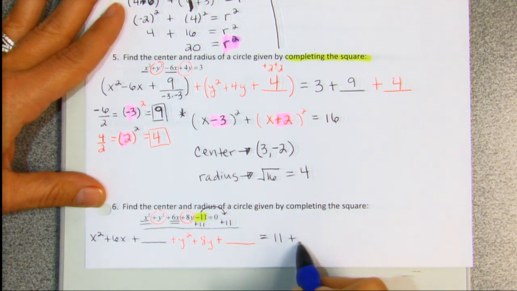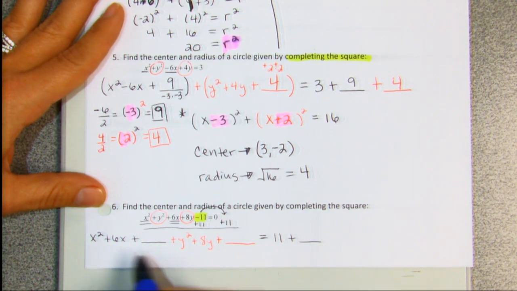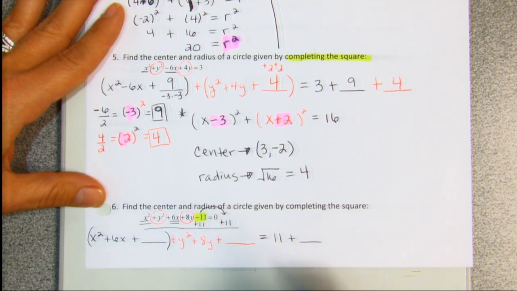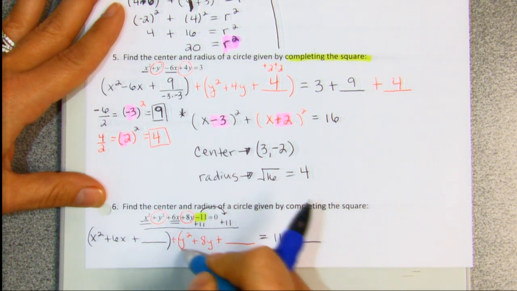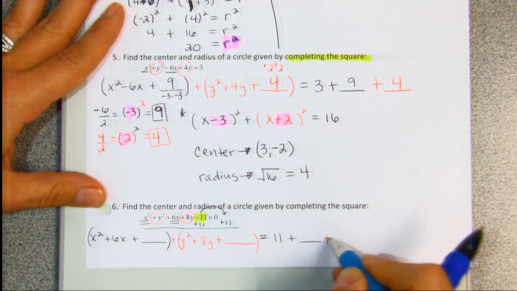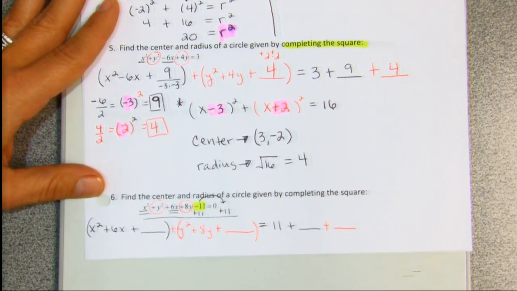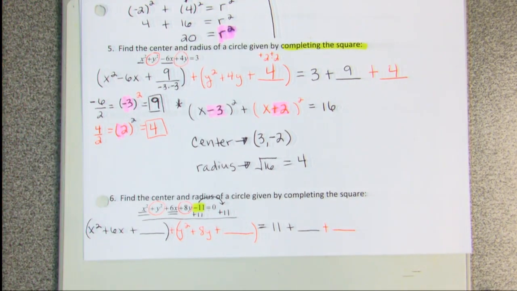And if you plus a blank for what's written in black, the x's, and if you plus a blank over there, you have to add something over here. You don't really have to set those blanks there, it just kind of helps you remember what's happening.